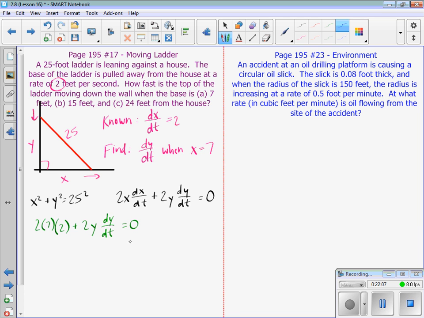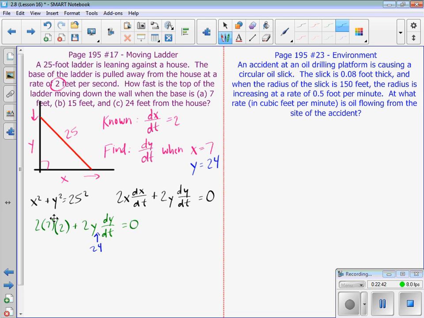Don't I know at this very instant that my x is 7? Okay, when your x is 7, isn't your y something? Because this is a 7, this is 25, so can't you find what y is at that instant? So if x is 7, go ahead and find what y equals. So we get 24. And then you can plug your 24 in for this spot here. And then you can go ahead and solve for dy/dt.